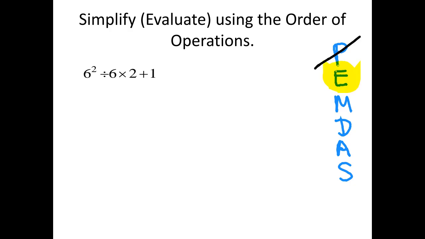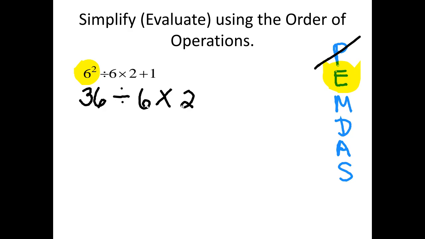That is what I'm doing first, which means I get 36. 6 times 2. Remember repeated multiplication? That little superscript 2 says I have 2 6s. Then I have this lovely symbol. Then I have this times this plus this.